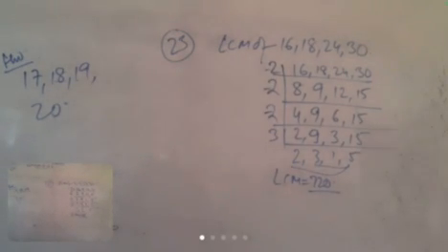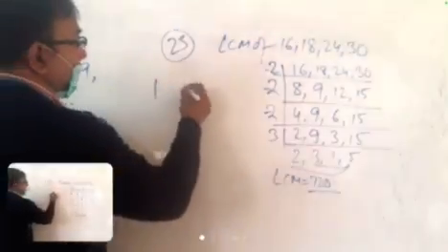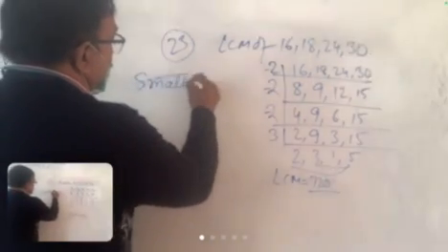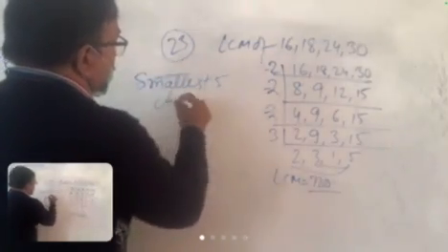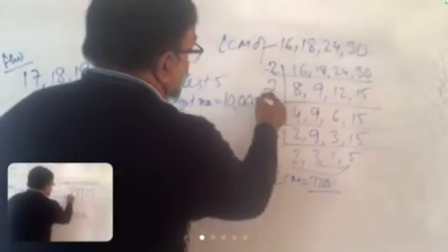Don't raise hand. You don't know? The smallest 5-digit number. 1,000. It's 10,000. So the smallest 5-digit number is 10,000.